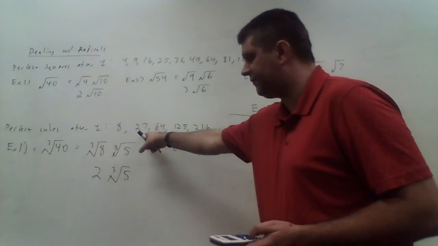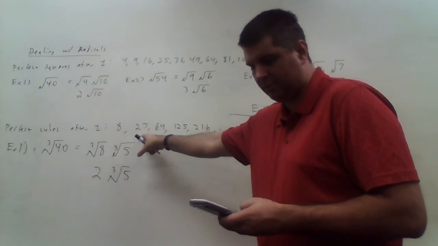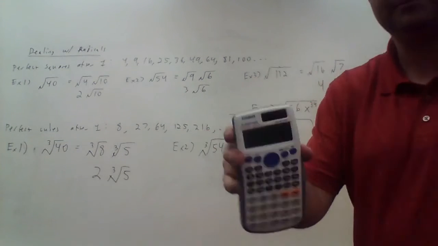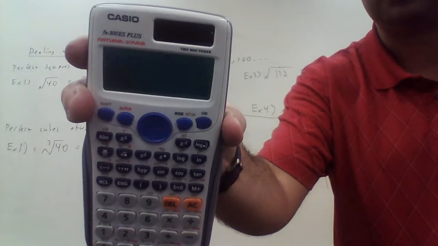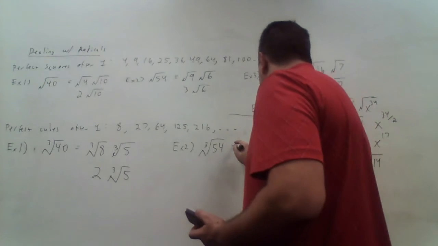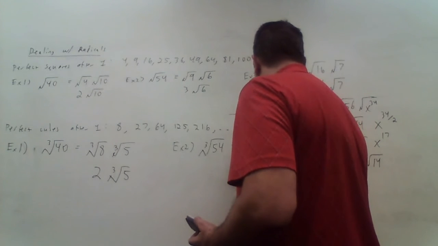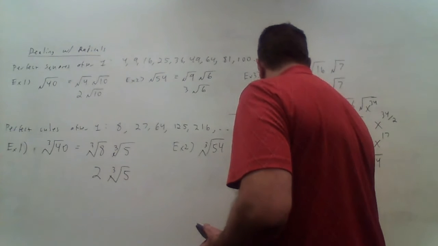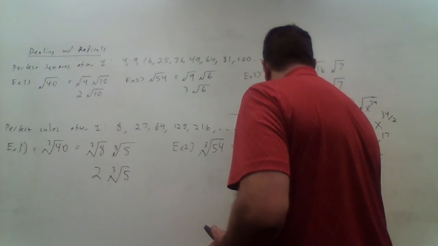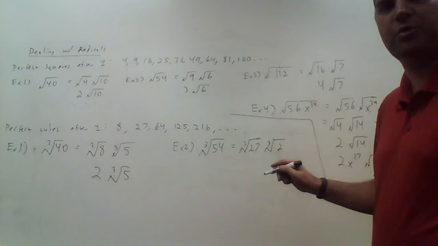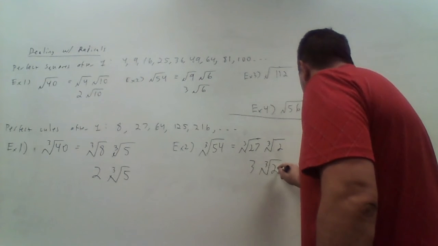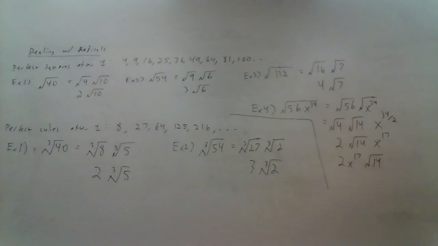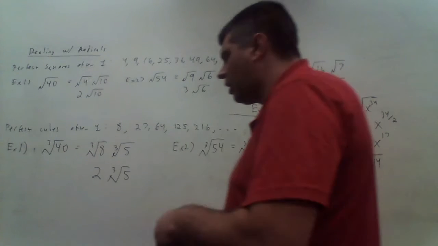So now I will try 54 divided by 27. I got 2, which divides evenly. So the cube root of 27 times the cube root of 2. And the cube root of 27 is 3. So I have 3 cube root of 2. Okay? All right.